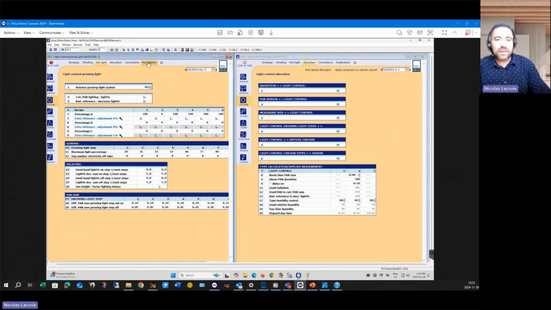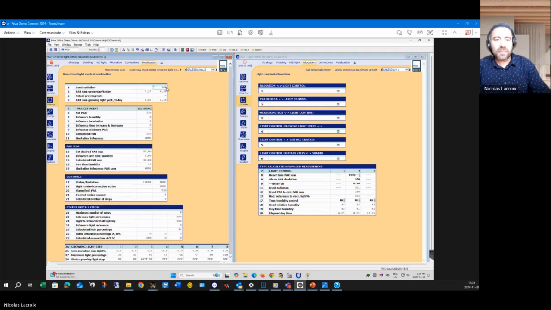And you can see here in the realization, you can see the used radiation. That's your outside radiation sensor. Also the light percentage that is calculated from power lighting. There's some delay in the calculation, but I will show you that later. But that's more likely the real output of your light.